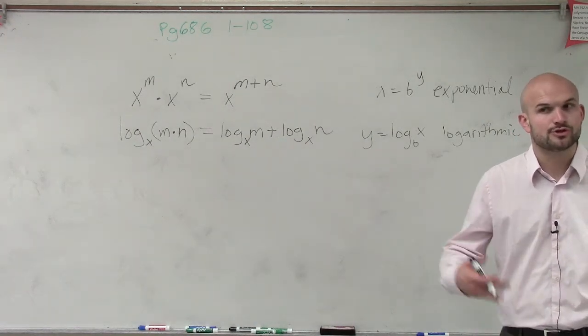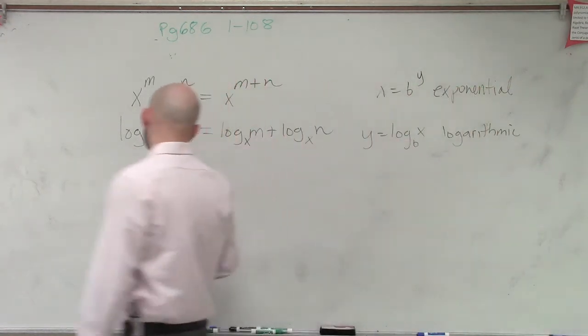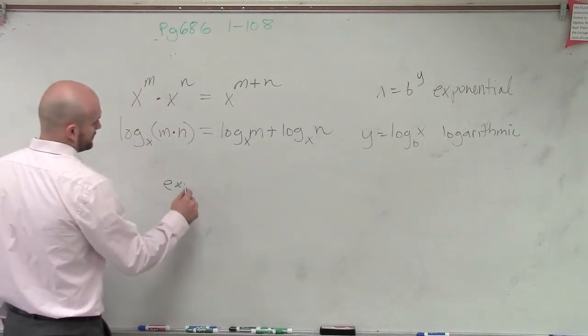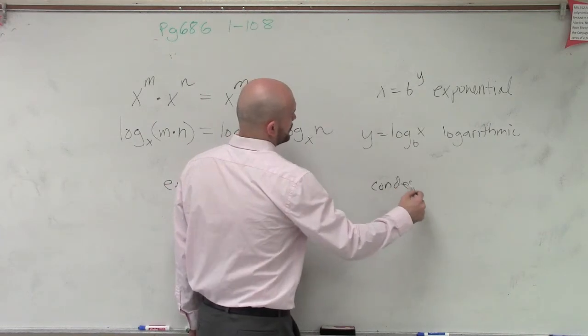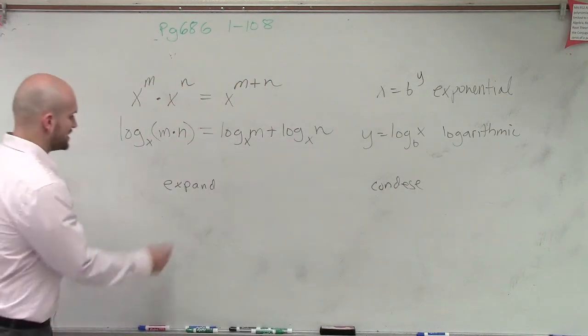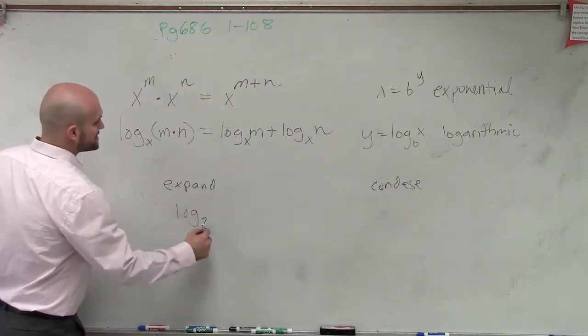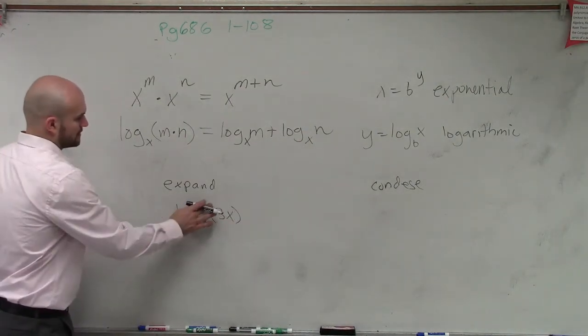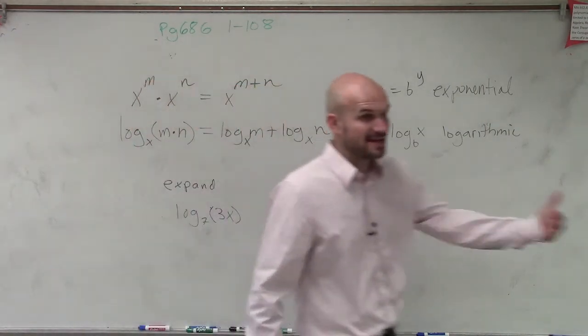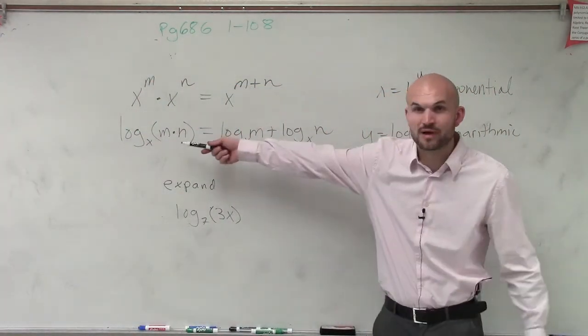Now, let me just go through two different little formulas. This is what we say: expand and then condense. So let's get a little practice with this. Let's say I give you the problem log base 7 of 3x. Can we expand that by using this property?